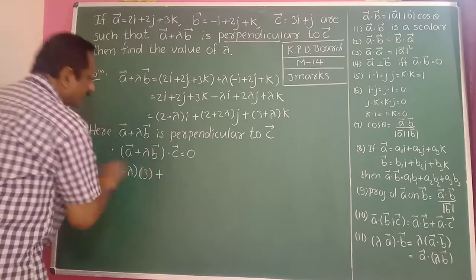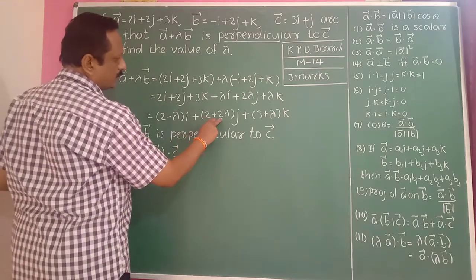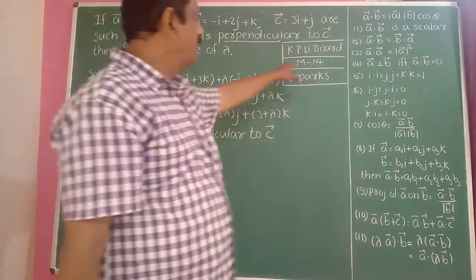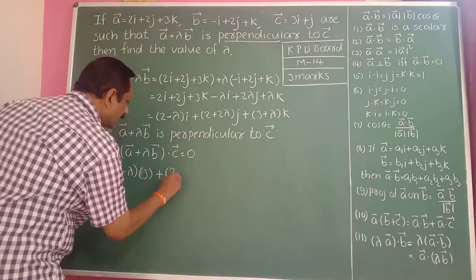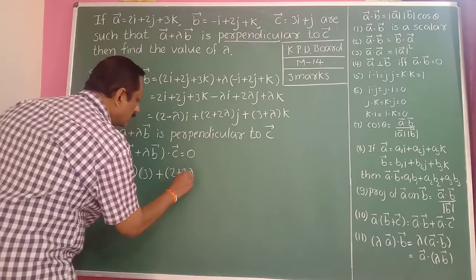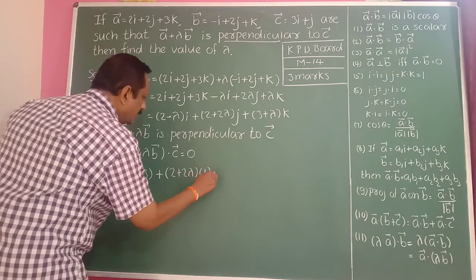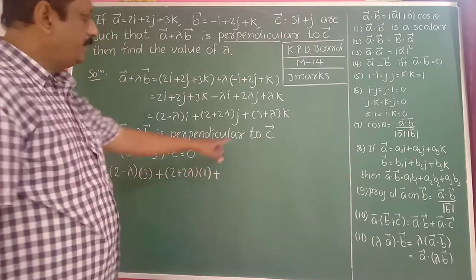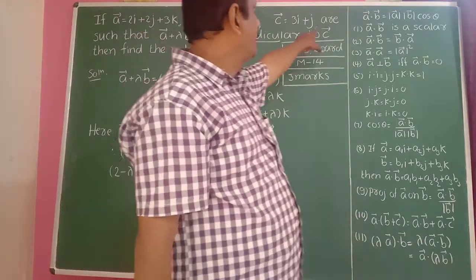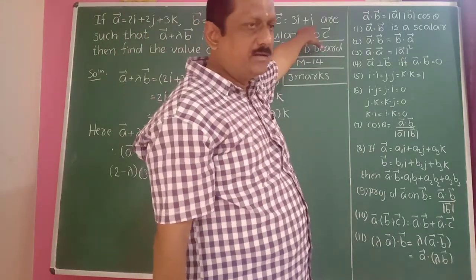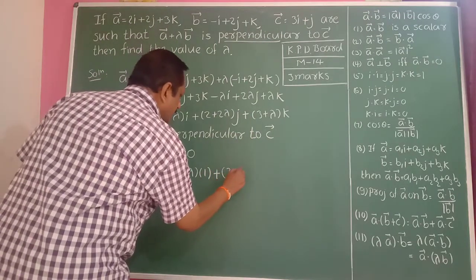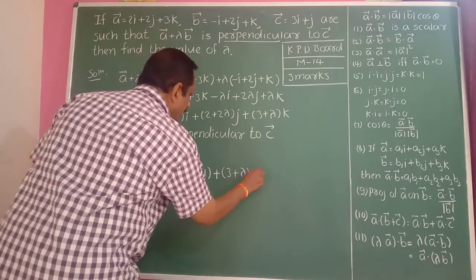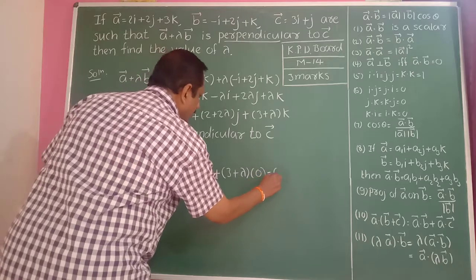Then plus 2 plus 2 lambda into j coefficient, which is 1 here, plus 3 plus lambda. There is no k term here, so take 0. 3 plus lambda into 0 is equal to 0.